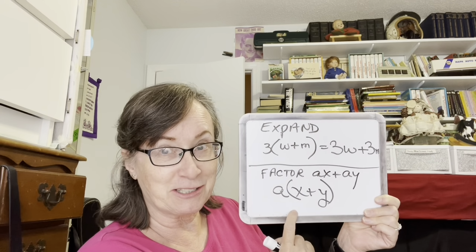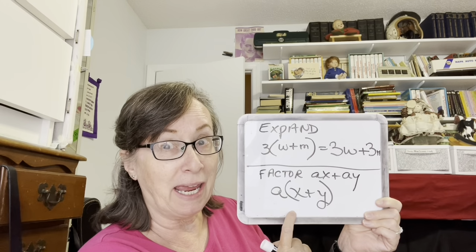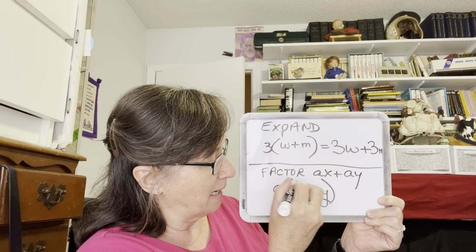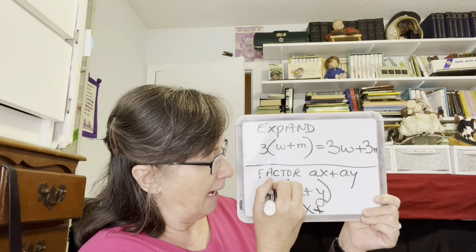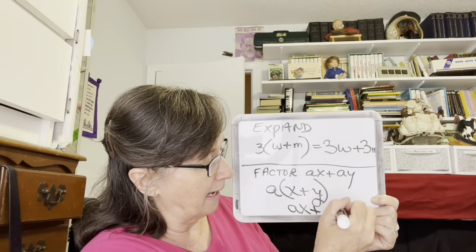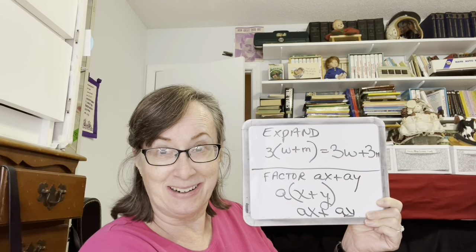We have factored. Now let's distribute and expand. A times X is AX plus A times Y is AY, and we get right back to where we were to start with.